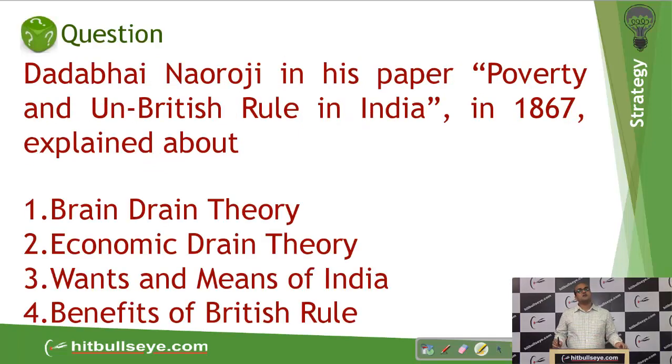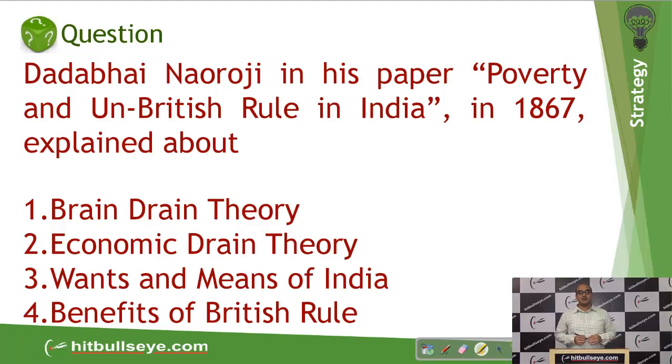The question is from SNAP previous year question paper. The question is, Dadabhai Naoroji in his paper, Poverty and Un-British Rule in India in 1867, explained about: the options are brain drain theory, economy drain theory, wants and means of India, benefits of the British rule.